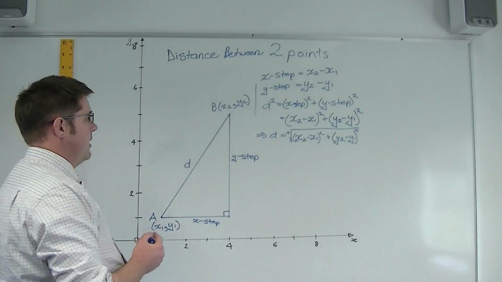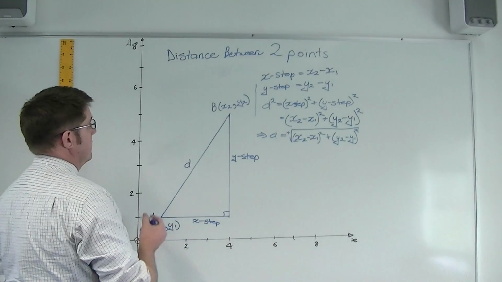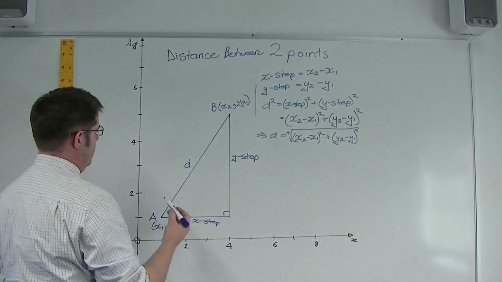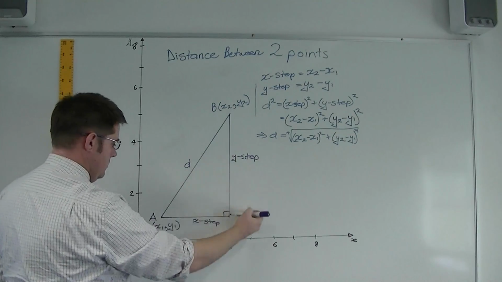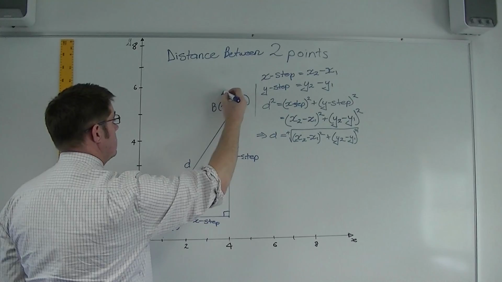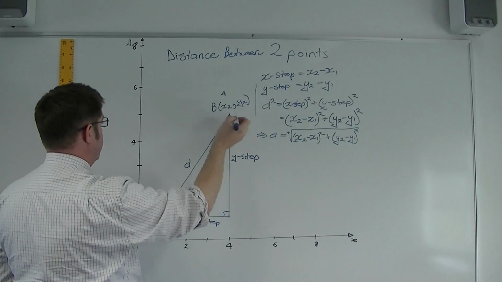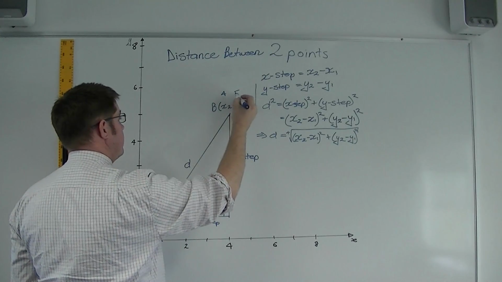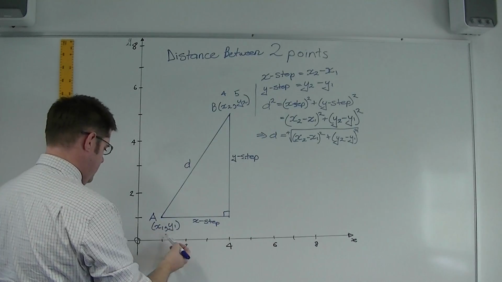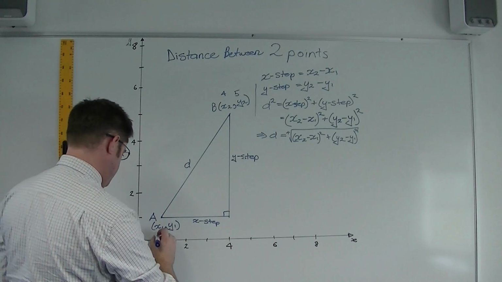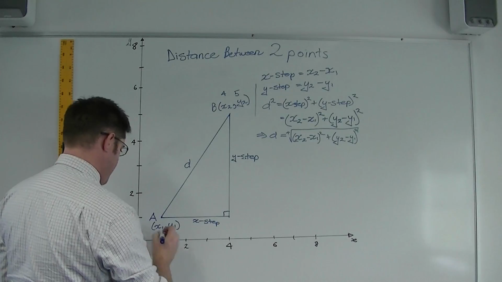So if, for example, we use this picture and say, well, x2 looks like it has the value of 4, y2 in this case looks like it has the value of 5, x1 here has the value of 1, and y1 has the value of 1.